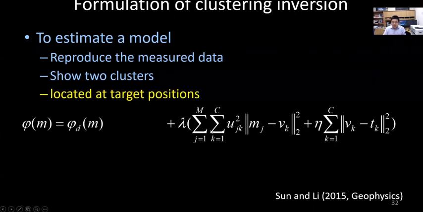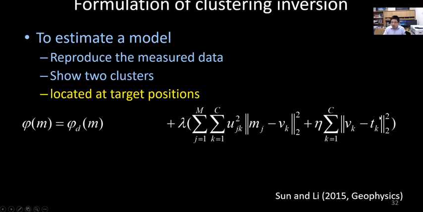We also want the clusters to be located at target positions. Therefore, we have this term here, which is simply a measure of the difference between the recovered cluster locations and the desired or target cluster locations. By minimizing the difference between them, we are constraining the inversion in such a way that the inverted values are going to show clusters at the target positions.